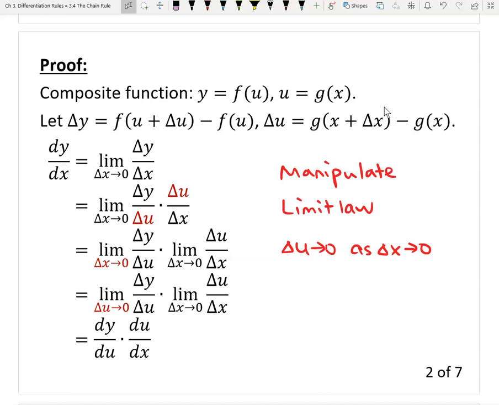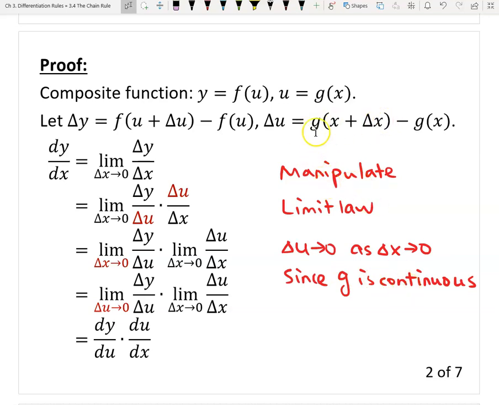Since g is continuous. You know why g is continuous? Because g is the inner function, so we need to take its derivative. Therefore g should be differentiable. Differentiable, then continuous, right?